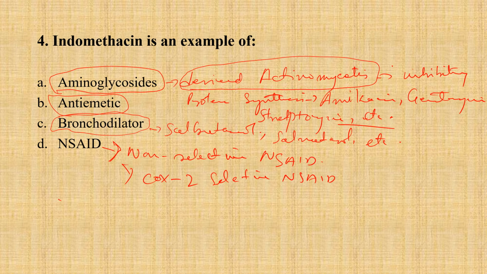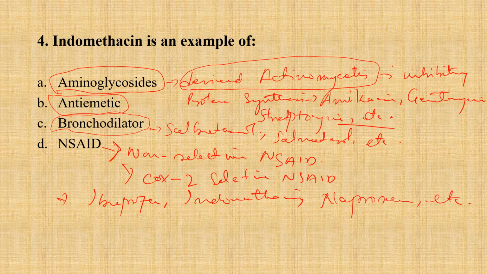Examples of these are ibuprofen, indomethacin, then naproxen, etc. So here indomethacin is the example of NSAIDs, which is option D. So the correct option here is option D.